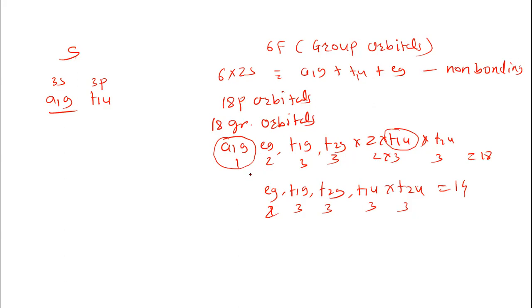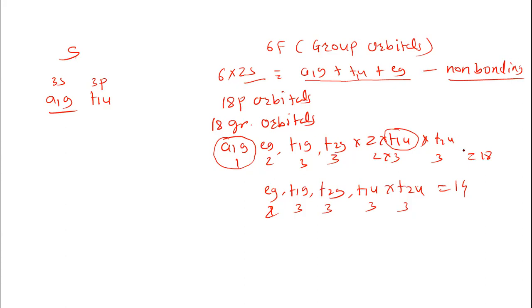So 6 fluorine atoms get combined and there is a formation of group orbitals. It will form 24 group orbitals. Remember this. But the group orbitals formed by the combination of the 2s orbitals have very low energy, so they cannot participate. They remain as non-bonding.